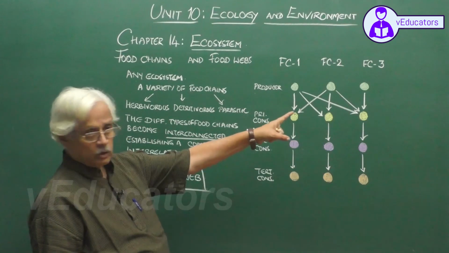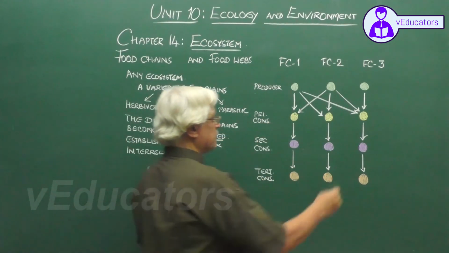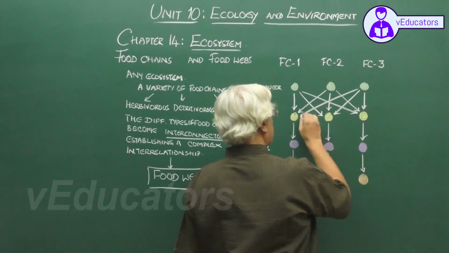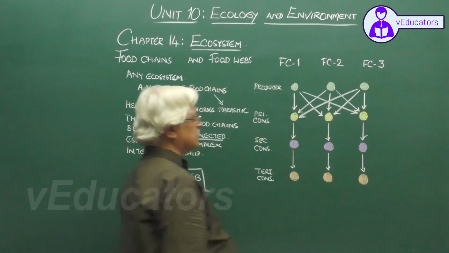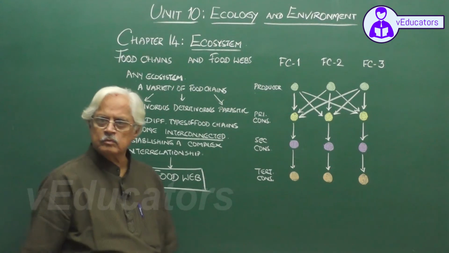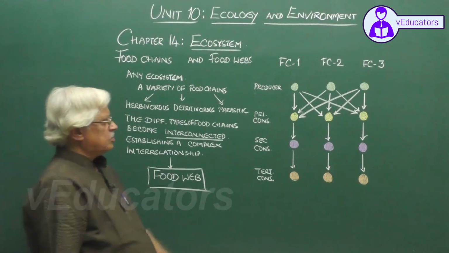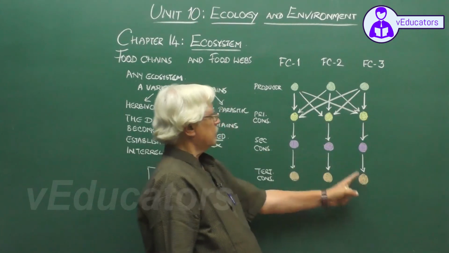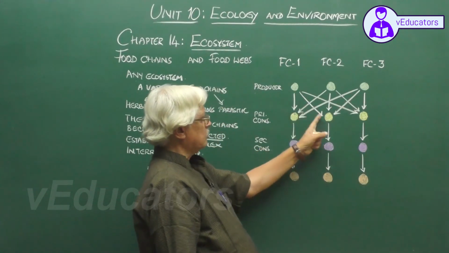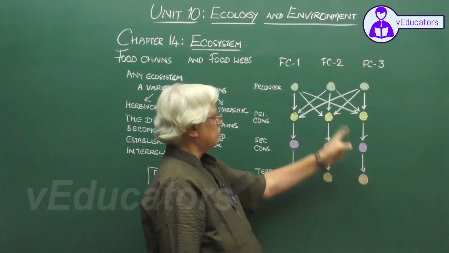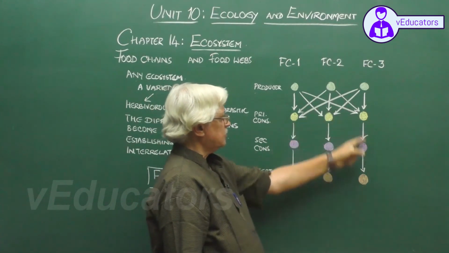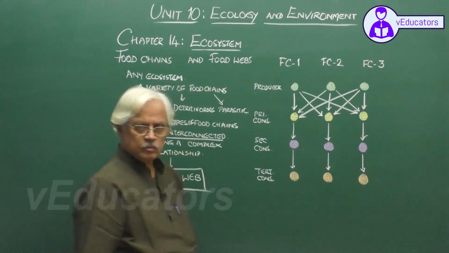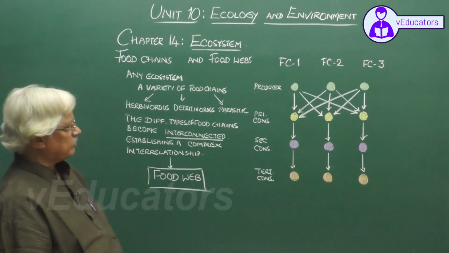Same thing holds good for plant number 3. It can be a food for this, it can be a food for this. So we started with 3 food chains. Now we have added 4, 5, 6, 7, 8, 9. Now there are 9 food chains here.